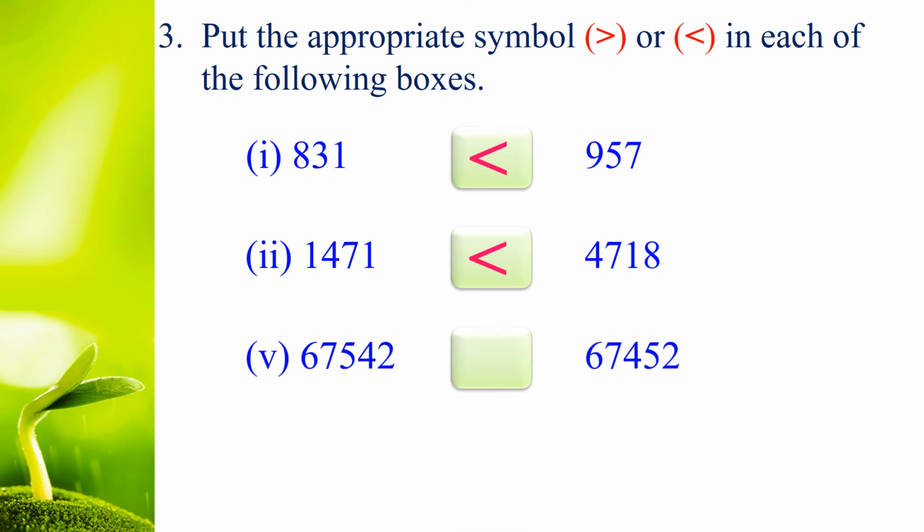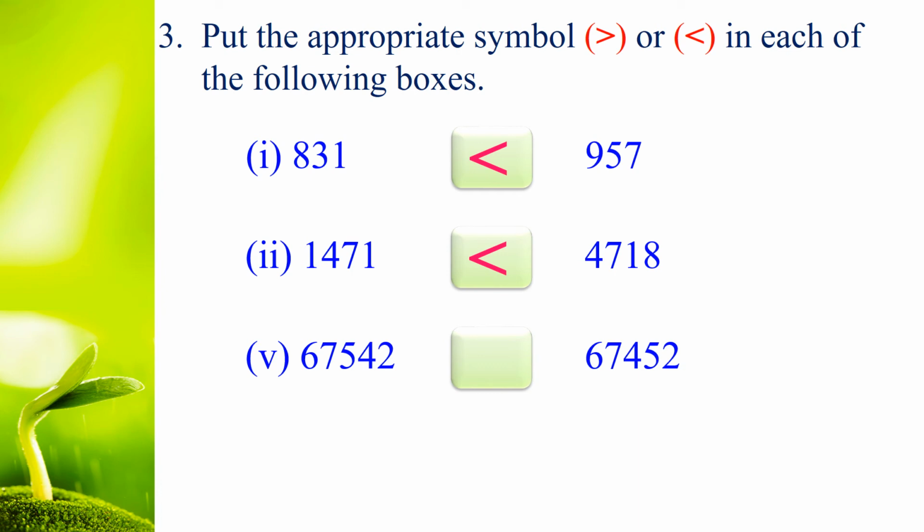Next problem, 67,542. Next number, 67,452. So now count the number of digits. Here both numbers have the same number of digits. So let's compare the digit at the extreme left.